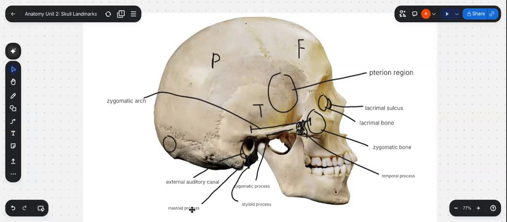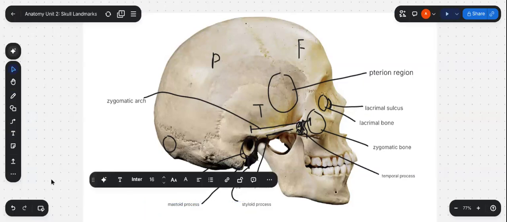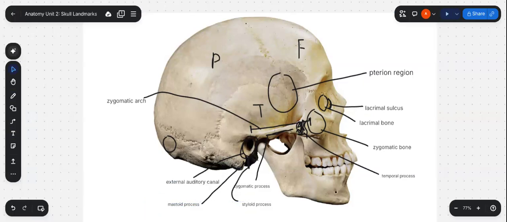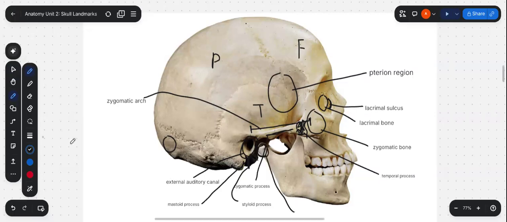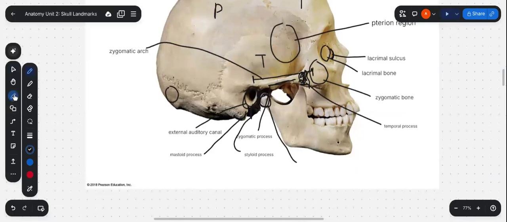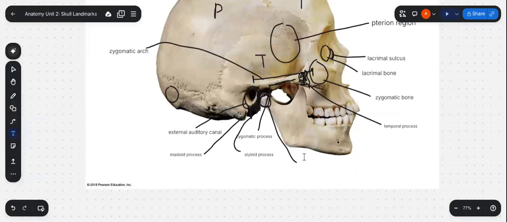All right, now we're going to look at a couple things that are on your mandible. So the mandible has a condylar process. The condylar process is going to be this little head over here. It looks a little bit more rounded and a little bit more of a ball shape to it.